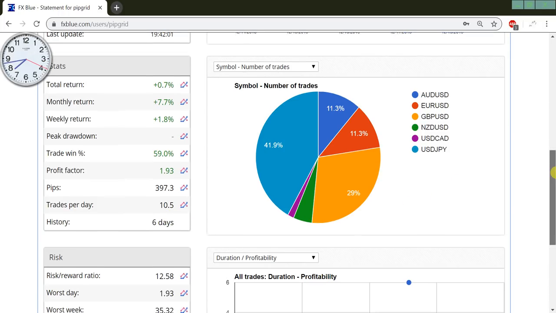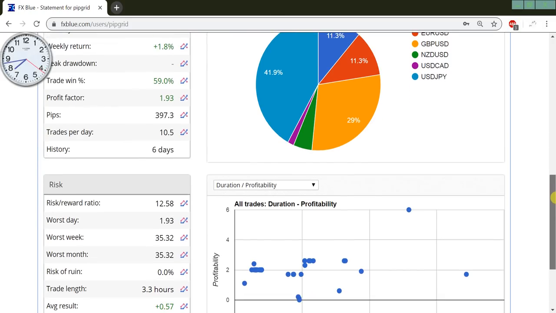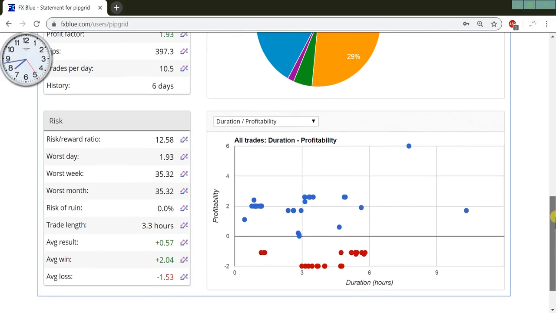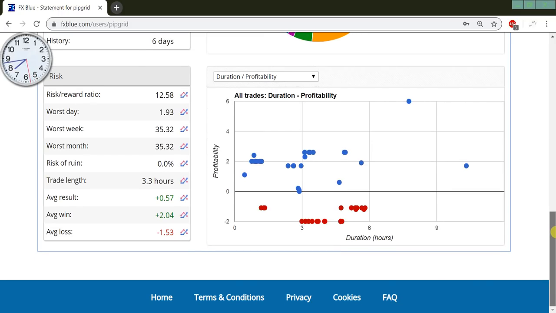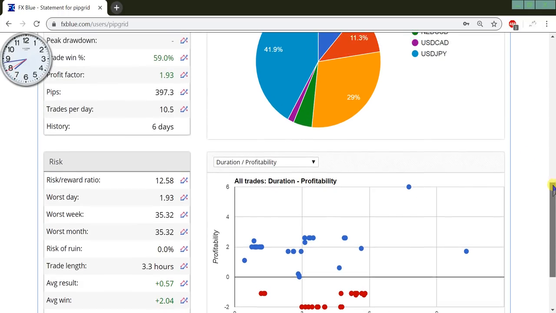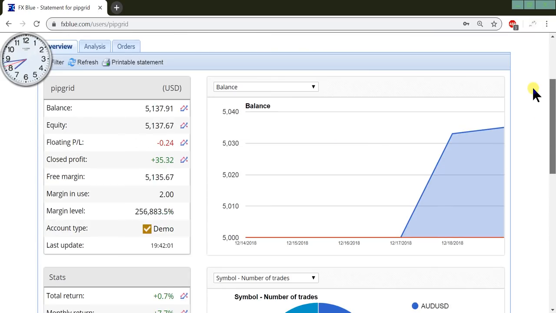Maybe 6 days is how long this account's been open. That's possible. Because I remember 6 days ago I started a new demo here with 5 grand even. But you can kind of see the scripts cashing out where I chose to get out on the script. There was a stop. There was a take profit. That's pretty accurate. Anyways, let's see what happens.